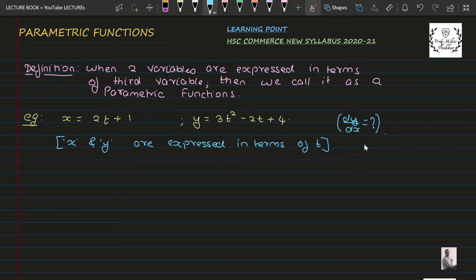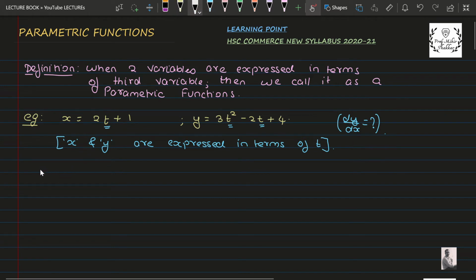So in order to find the value of dy by dx, because the variable over here is t, I have to differentiate x with respect to t. Variable y is also expressed in terms of t, so we have to differentiate y with respect to t, and then we will divide both the derivatives in order to get the value of dy by dx. Obviously I'll explain how we do this step by step.